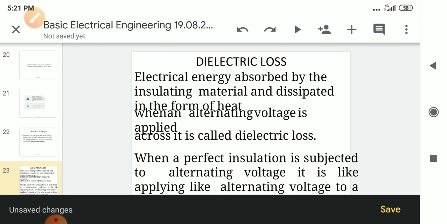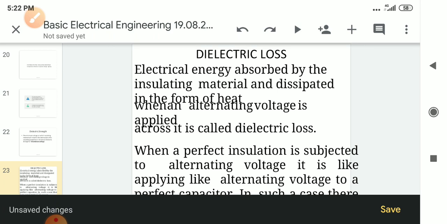When a voltage is applied, the electrical energy absorbed by the insulating material is dissipated in the form of heat. This is called dielectric loss.